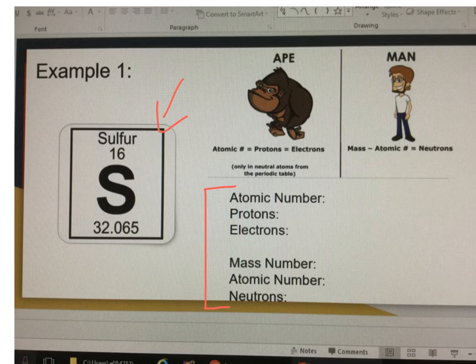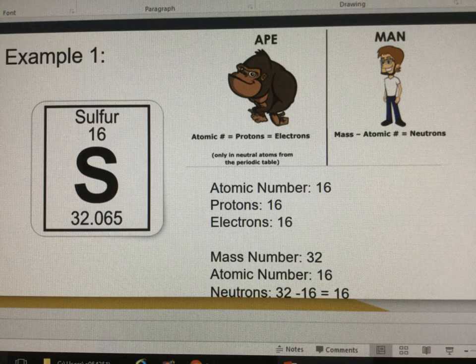Once you're ready, you can go on to the next thing. And you can't write on the screen, but just put it on a notebook or a piece of paper or something. Okay, now here are the answers. Double check your answers to see if you got the same thing. If not, then place on pause and ask me a question.